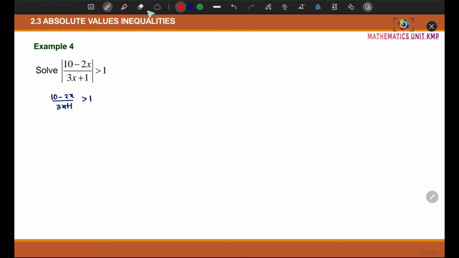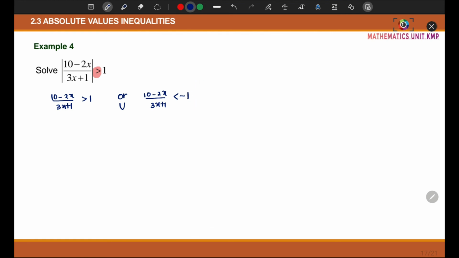Here the symbol is greater than, which means we want to use the word "or", union. And then 10 minus 2x divided by 3x plus 1, reverse the sign and put the negative.